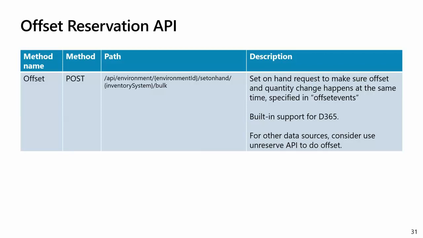It is built-in support inside Dynamics 365 supply chain management, and no further action is needed. For other data sources and external systems not using the set on hand API but using on-hand change events, we advise our users to consider using the unreserve API to do the offset when they build their integrations.